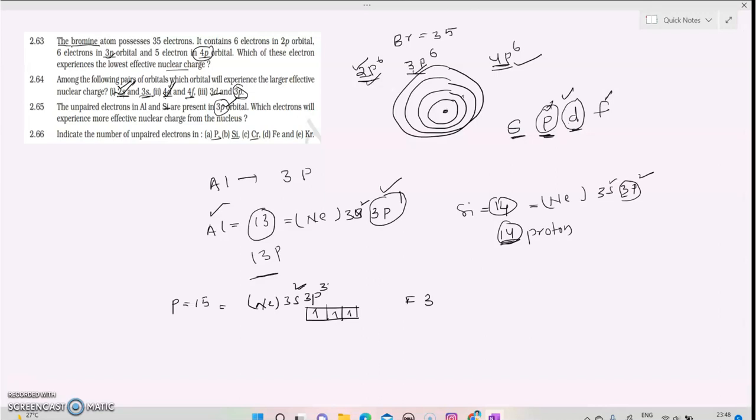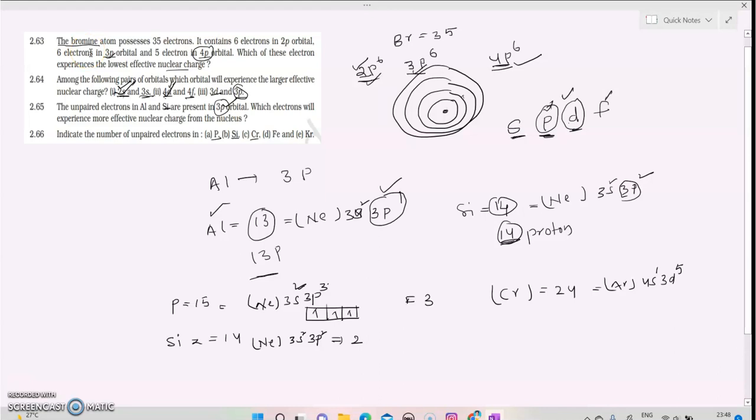Similarly, you can go for silicon. Silicon atomic number is how much? 14. So here we get neon 3s2 3p2. Here unpaired electrons are how many? 2. Similarly, you can go for chromium. Chromium atomic number is how much? 24. Its electronic configuration is argon 4s1 3d5, an abnormal electronic configuration.